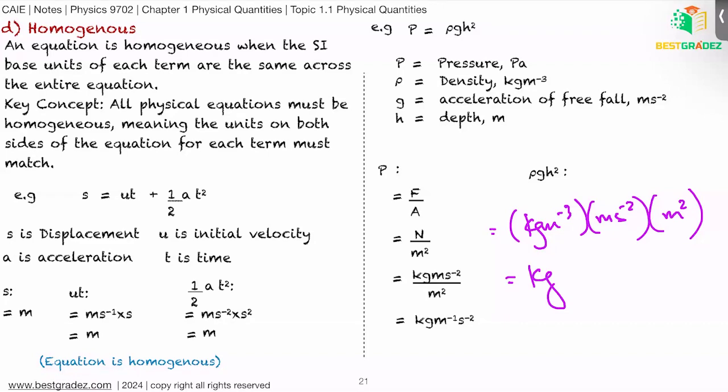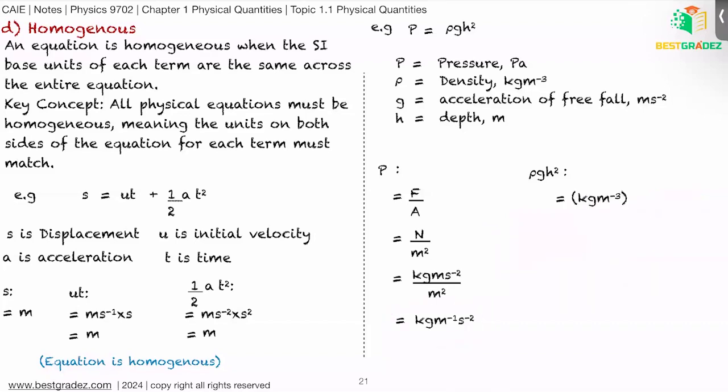What do I get? Don't they cancel out? देख लें अगर कहीं पे कोई error है तो मुझे बता दें. So they cancel out, so m is no longer there, and then you have s^-2 left. This is your final answer, which means if we check left and right, they're not equal. So according to the law of homogeneity, this is not homogeneous.